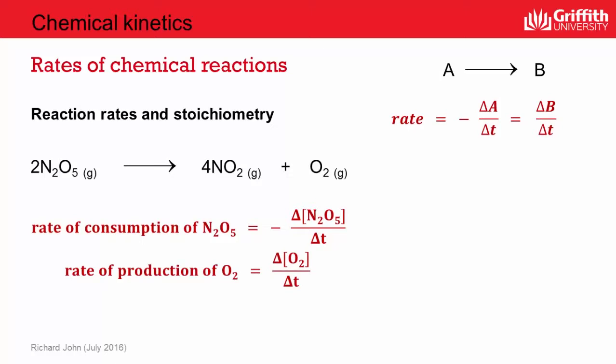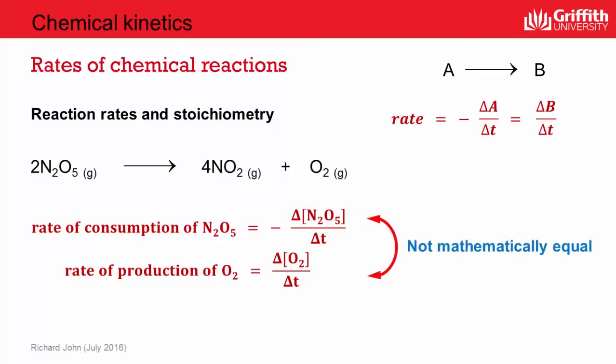And in this case, we've written down the rate of production of oxygen. So the rate of consumption of N2O5 is minus 1 times the change in the concentration of N2O5 divided by the change in time. The rate of production of O2 equals the change in concentration of O2 over the change in time.